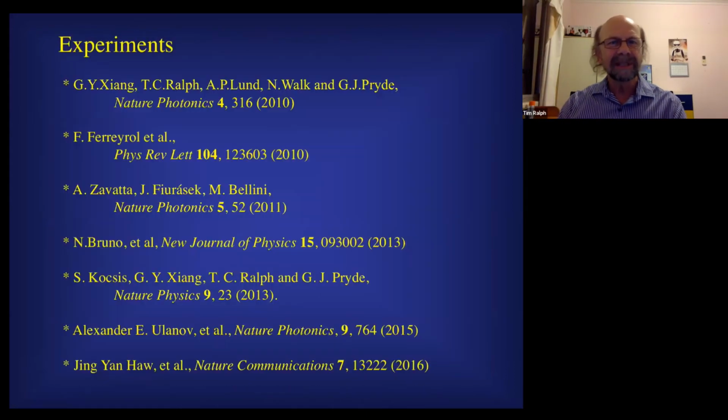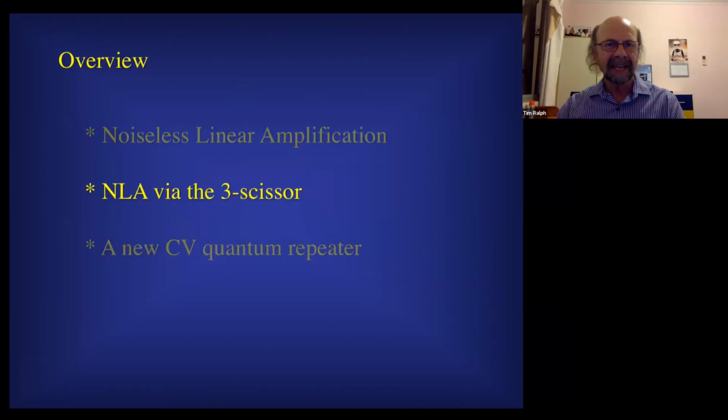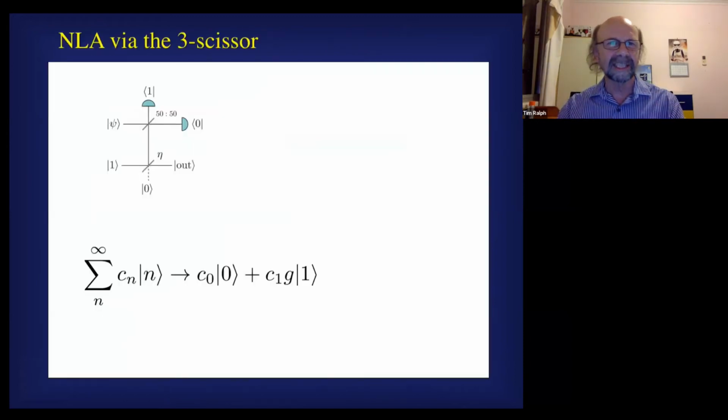As a result, all of these experimental demonstrations up to this point have worked in the very low photon number regime, except for this last one here, but that's because that's actually noise-reduced amplification rather than noiseless amplification. So the question is, can we do this sort of ideal transformation, but in an experimentally practical way? And I hope you will have guessed that the answer is yes.